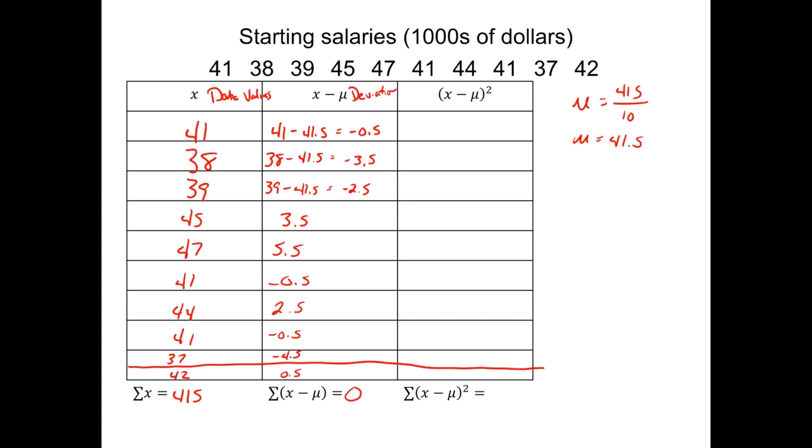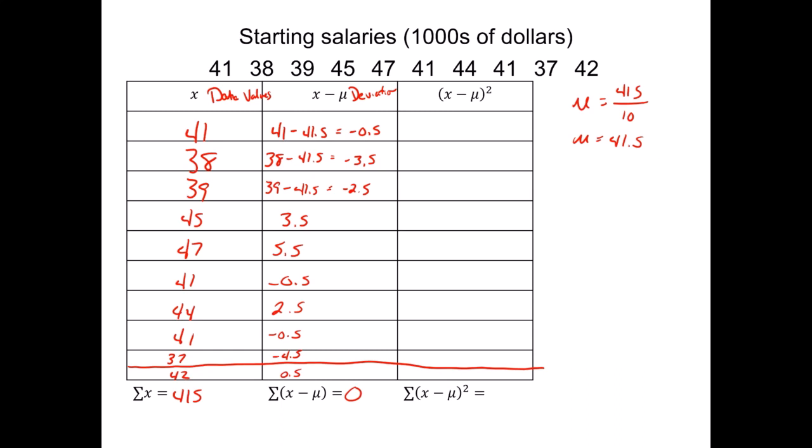So what do you think it means when you get a 0 for this sum of your deviations? First off, that's why we're going to square it, right? Because this isn't really helping us in terms of figuring out how far away the data values are. When we add up the sum of the deviations themselves, we get 0 most of the time.